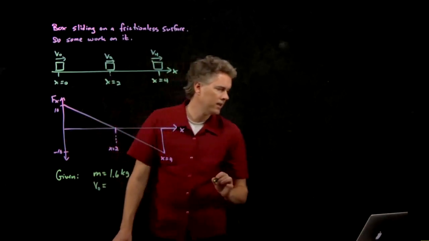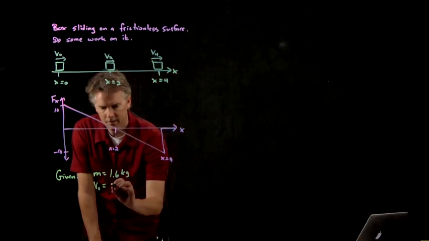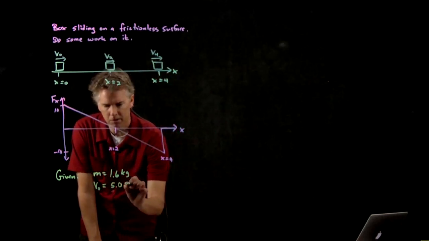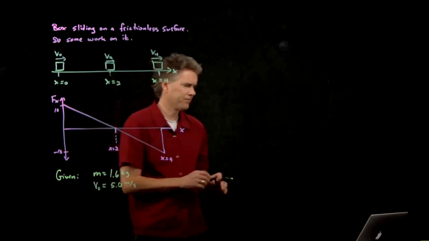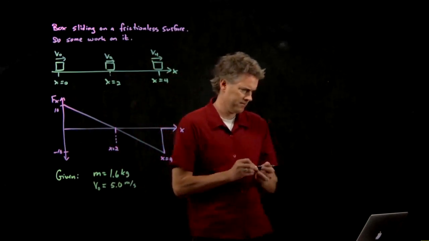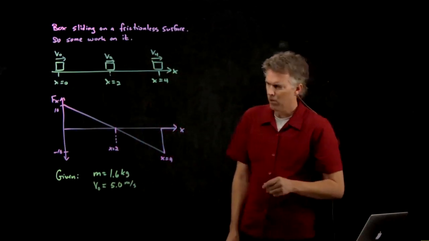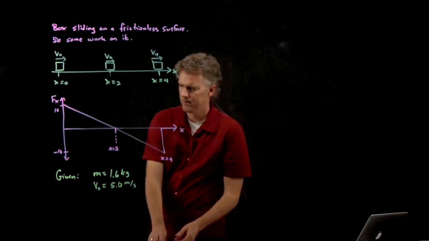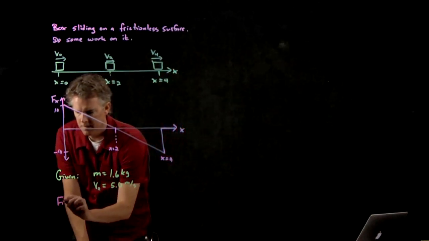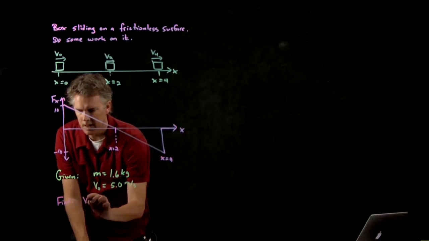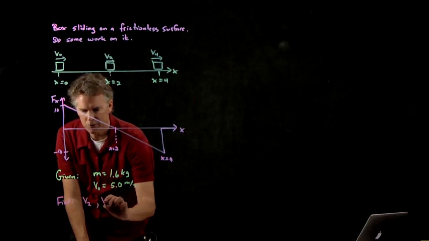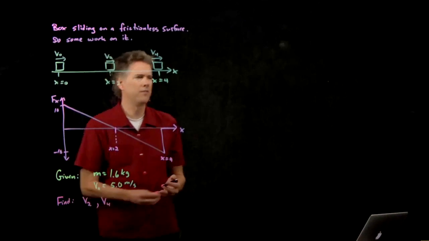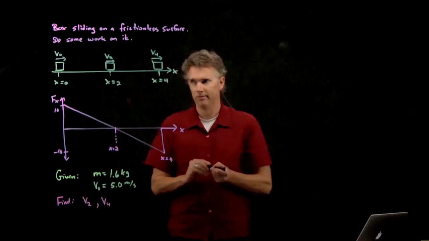So v0 is 5 meters per second. What we're looking for is the velocity at x equals 2 and the velocity at x equals 4.